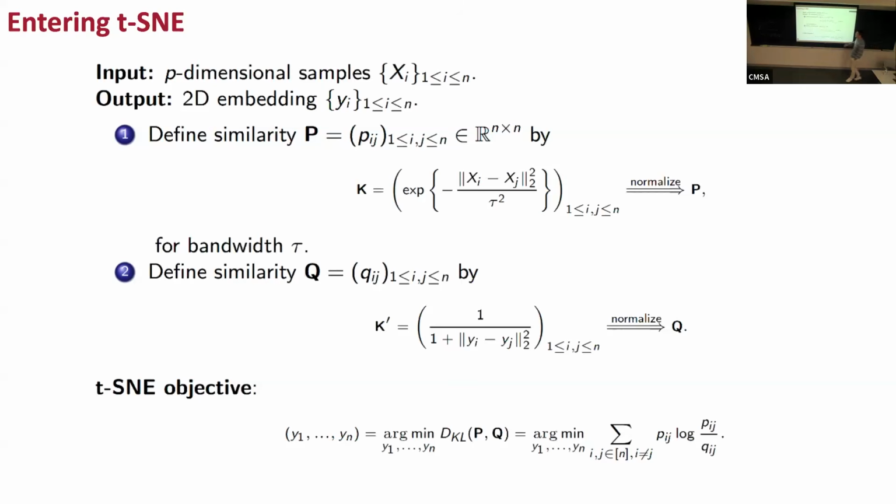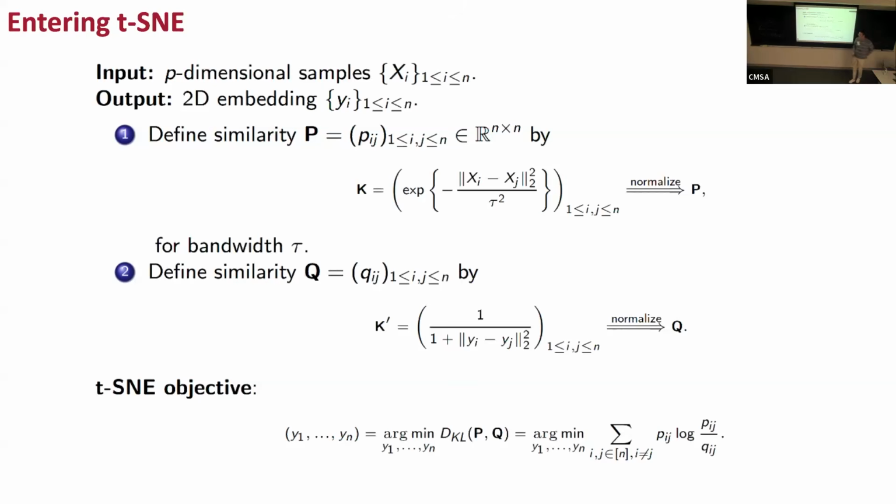And now for the low-dimensional embedding, which is the goal of this optimization, we can also define a similarity matrix, K prime. Here, the authors did not propose to use a Gaussian kernel for this output embedding. They use this particular kernel function, which, if you recognize it, is the density of the Cauchy distribution, the heavy tail distribution, or student t distribution with degree of freedom 1.